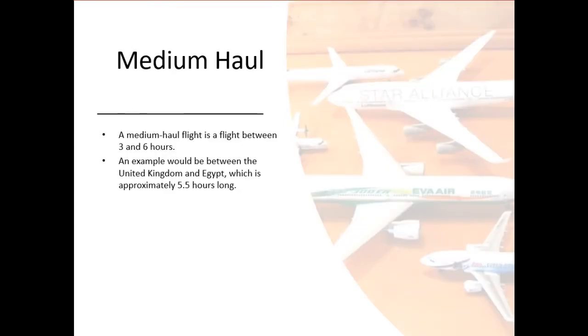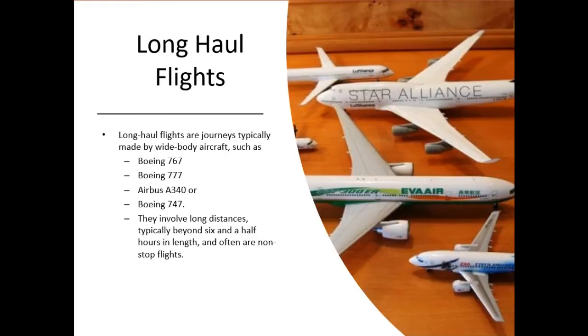Medium haul is a flight between 3 to 6 hours. This includes countries like India, Nepal, and Asian countries like Korea and Taiwan, most of them. An example would be between the United Kingdom and Egypt, which is approximately 5 to 5.5 hours long. So it can be considered as well, any distance within 3 to 6 hours.